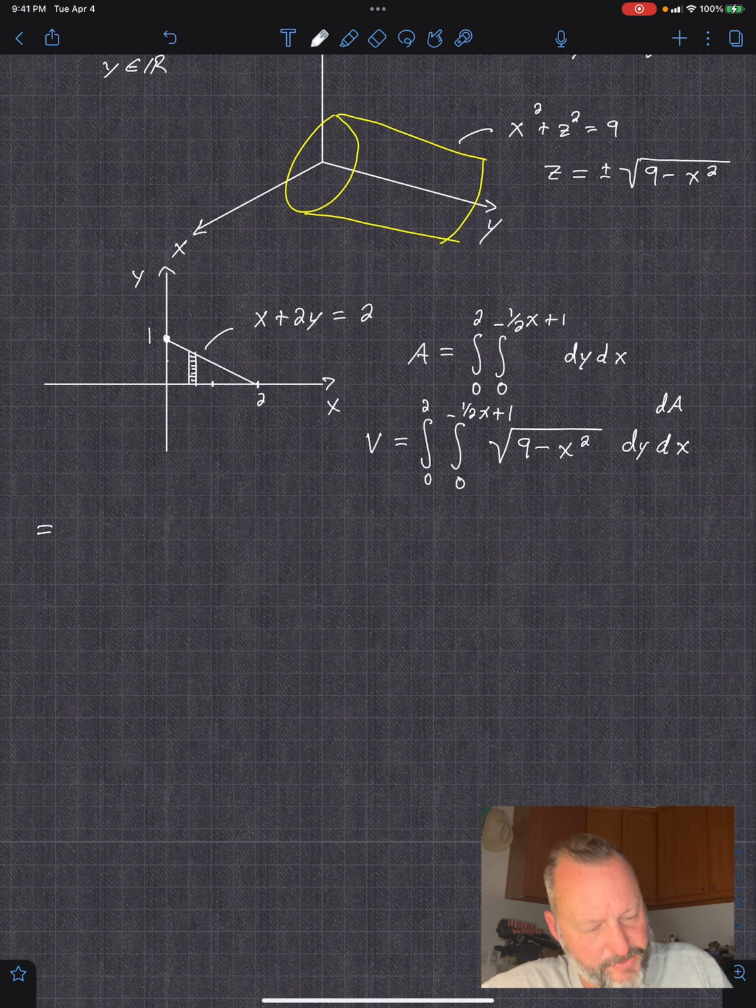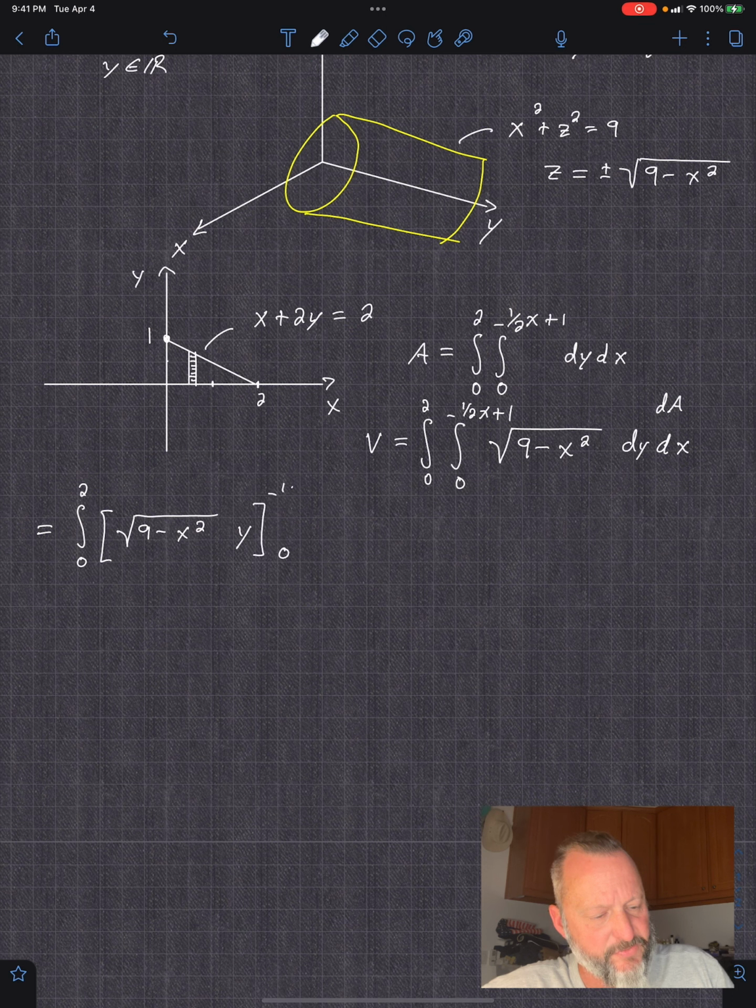But this equals the integral 0 to 2. And then what's inside is just that root, square root of 9 minus x squared. And now it's y, and that's evaluated from 0 to negative a half x plus 1, dx.